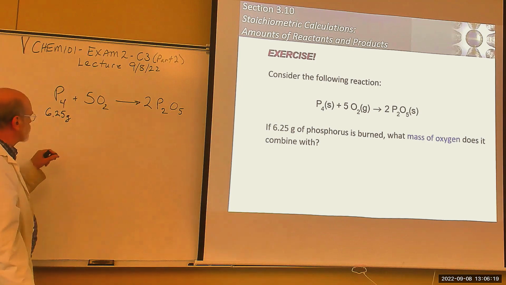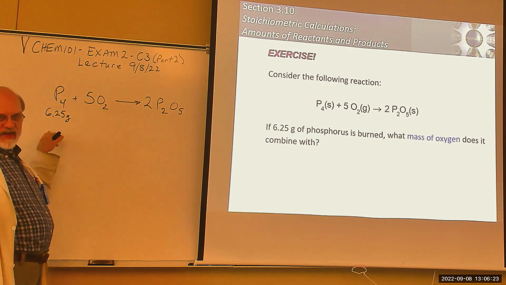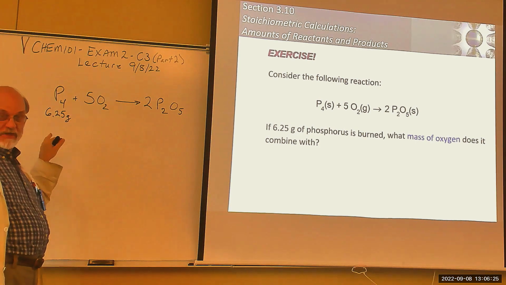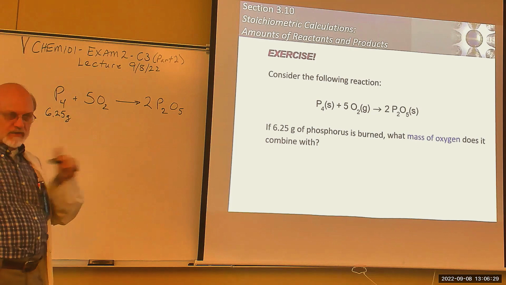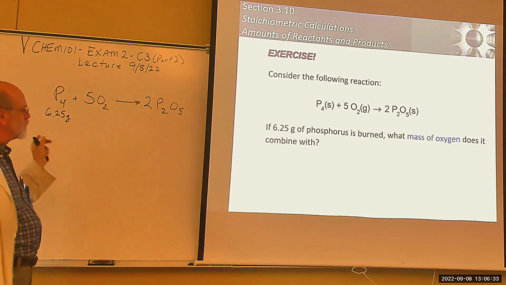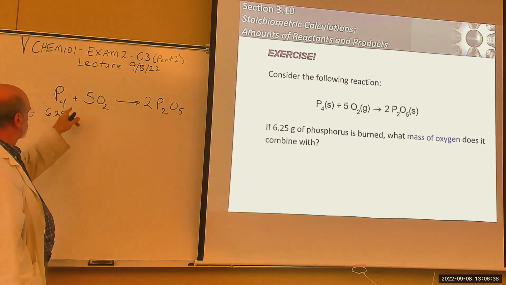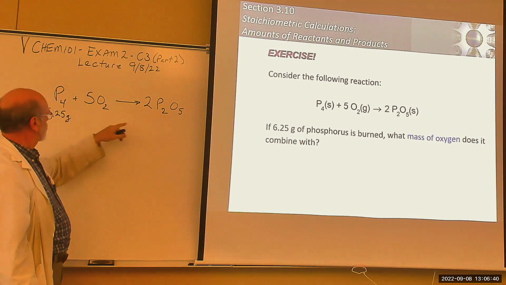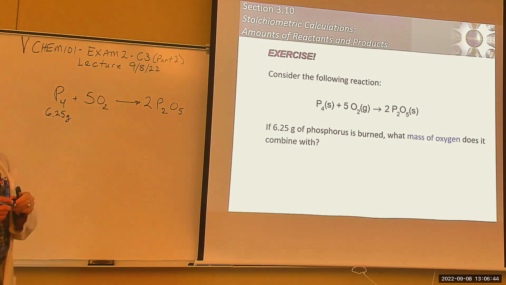What mass of oxygen is required to consume all of that? Okay? So the rule is, if you've got mass, you're stuck, you can't go anywhere. You've got to be in moles before you can move in a balanced equation. Well, first of all, is it balanced? P4, yep, there's 4. 10 oxygen, 5 times 2, yeah, okay, so we're already balanced.